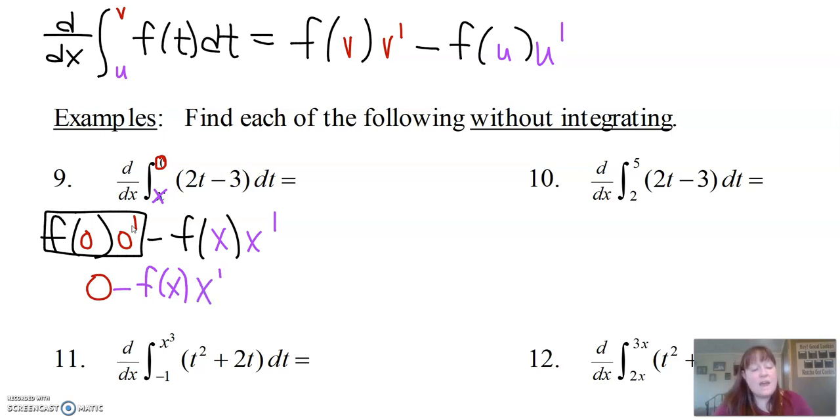Okay, what is f of x? Well, f of t was 2t minus 3, right? So f of x is going to be 2x minus 3. And then it says times the derivative of the inside function, x prime.